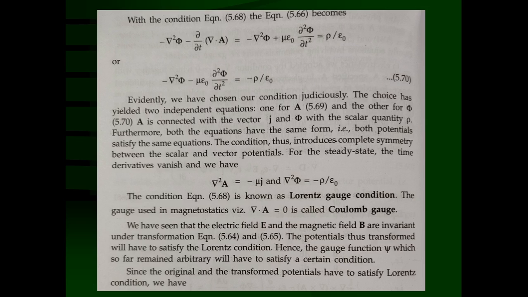So, we have seen that electric field E and magnetic field B remain invariant, that means they do not change by transforming the vector potential A to A dash, where A dash is equal to A plus del psi, and the scalar potential phi to phi dash, where phi dash is equal to phi minus del psi upon del t.